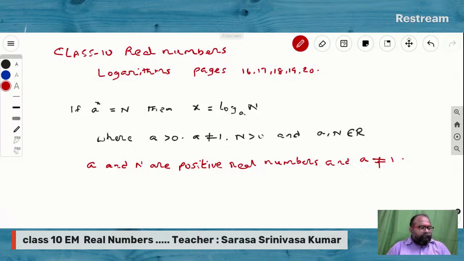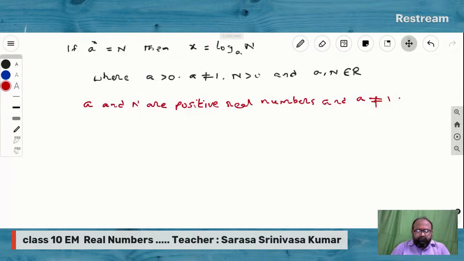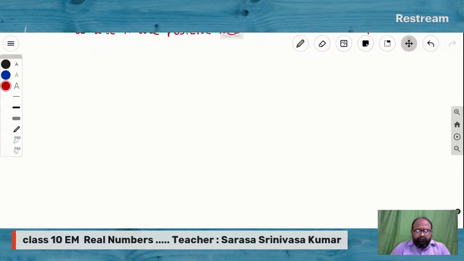Now, we will do some other problems. Yesterday, based on this definition of logarithm, we did some problems. Let us note down some important formulae in this topic.